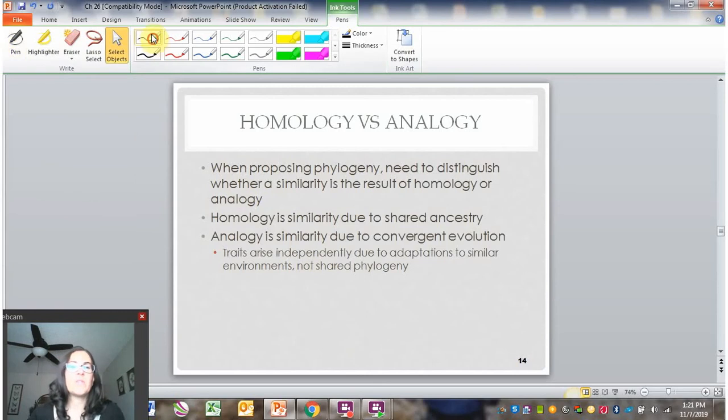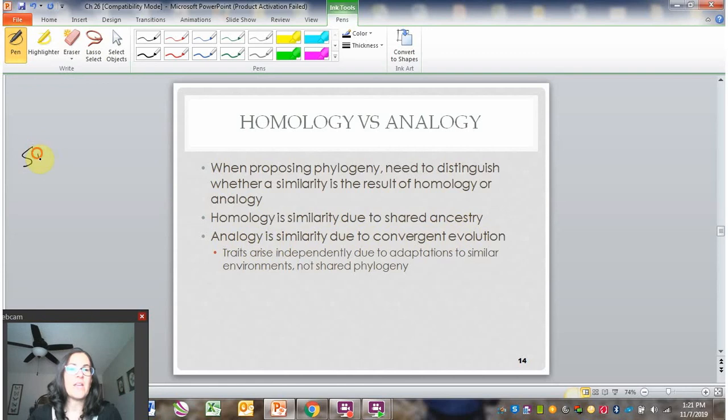So one of the things we need to be careful with, though, is that in addition to homology, you can have analogous structures rather than homologous structures. So remember, the definition of homology is similarity due to shared ancestry.